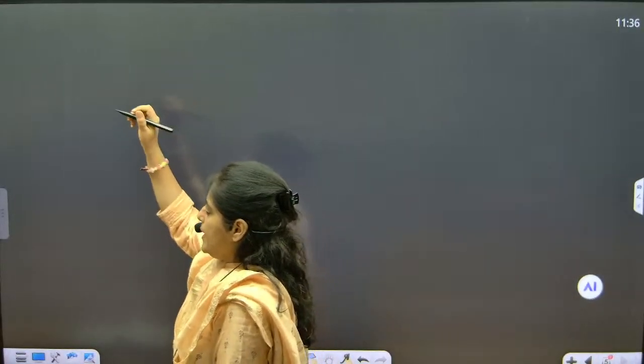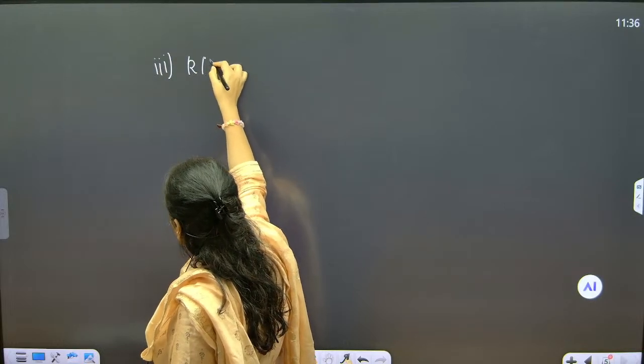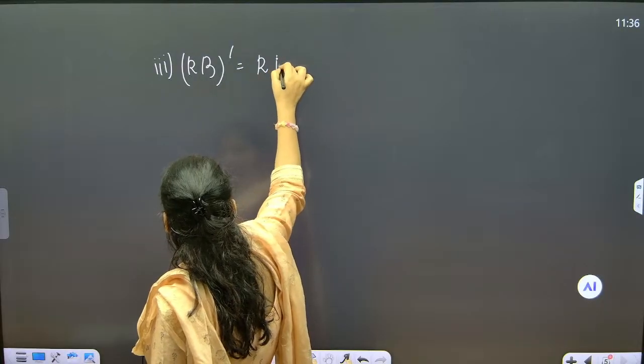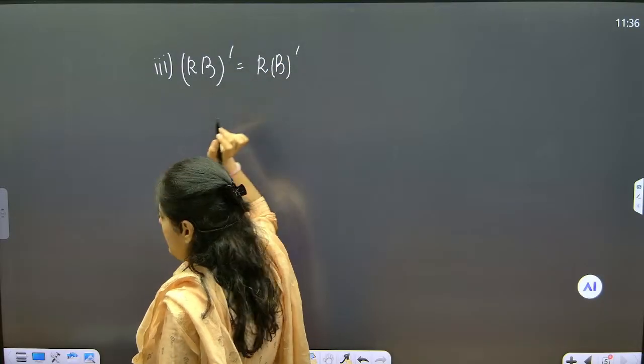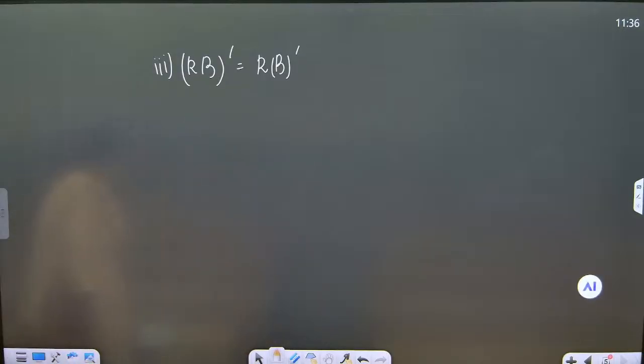Next, he's saying the third part we have to prove is (K times B) whole transpose is nothing but K times B transpose. Of course, this will happen. Okay.